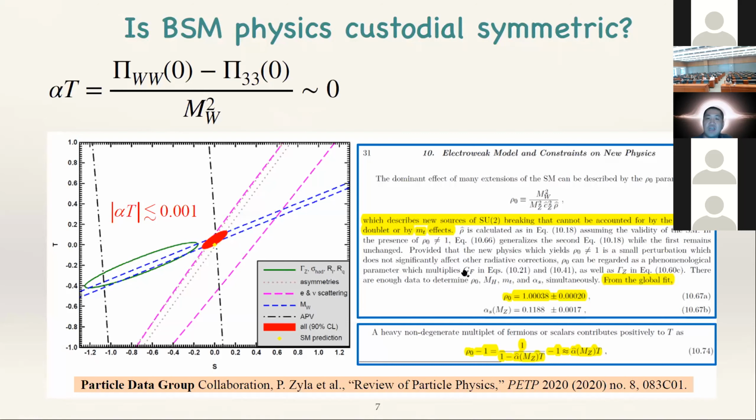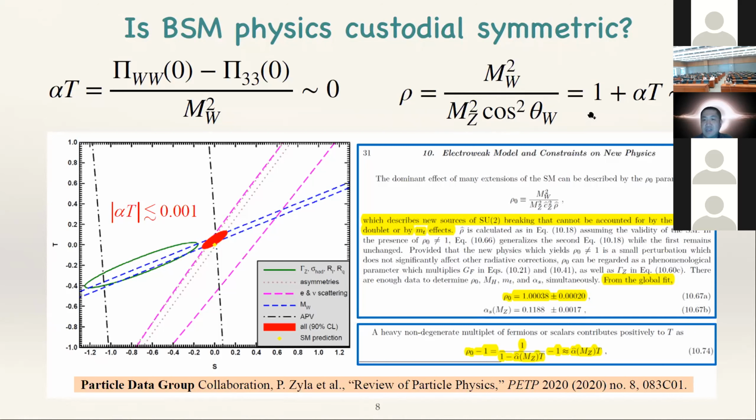So what do the experimental measurements say about the T parameter? The PDG says it's the rho parameter: W mass over Z mass times the cosine of the Weinberg angle. It's 1 plus alpha T, and at tree level it's roughly 1. This tells you that the standard model preserves custodial symmetry pretty well.